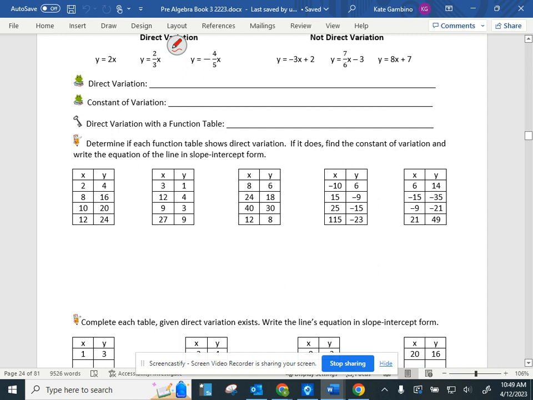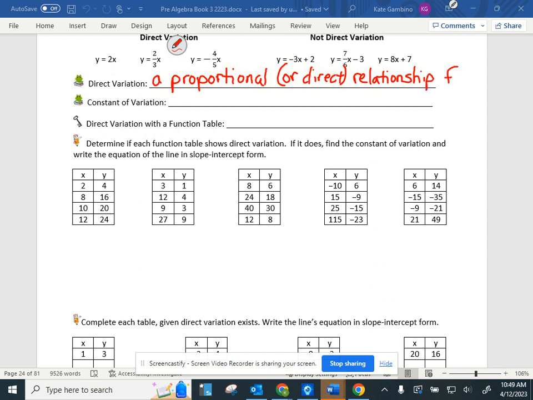A direct variation is a proportional or direct relationship from y to x.